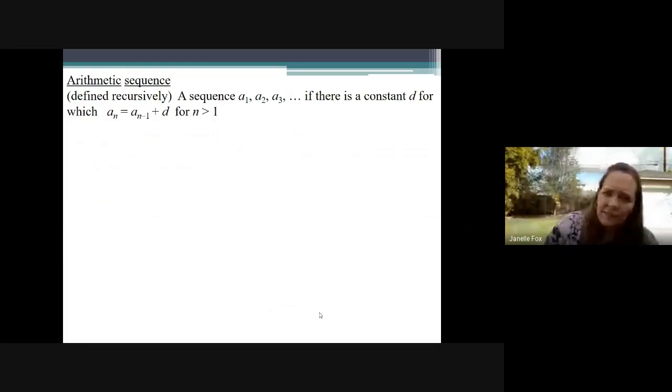So an arithmetic sequence is defined recursively. We are going to do the explicit version also, because we talked about explicit and recursive yesterday. An arithmetic sequence, defined recursively, is a sequence a sub 1, a sub 2, a sub 3, if there's a constant d for which, let's put this in English, whatever term you're on is the previous term plus a certain number, for n greater than 1.